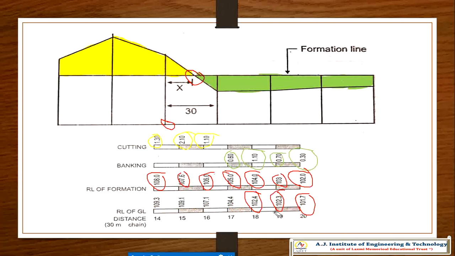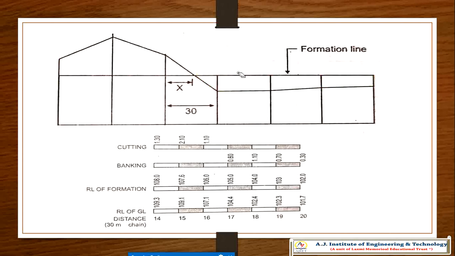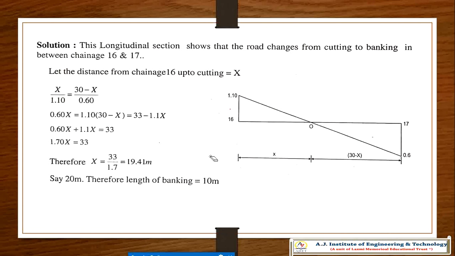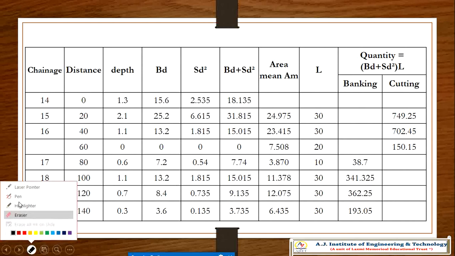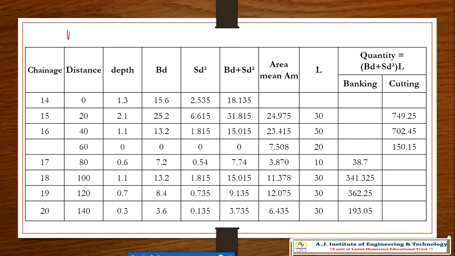Now we'll go for a method, which is called the mean area method. Column only changes, nothing else. In the mean area method, column only changes.